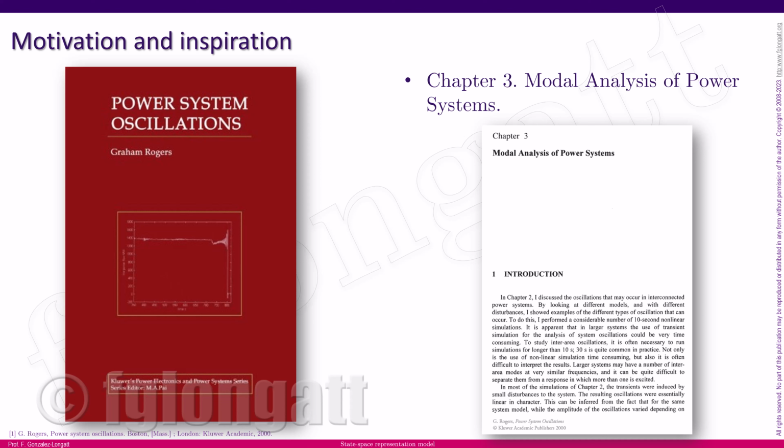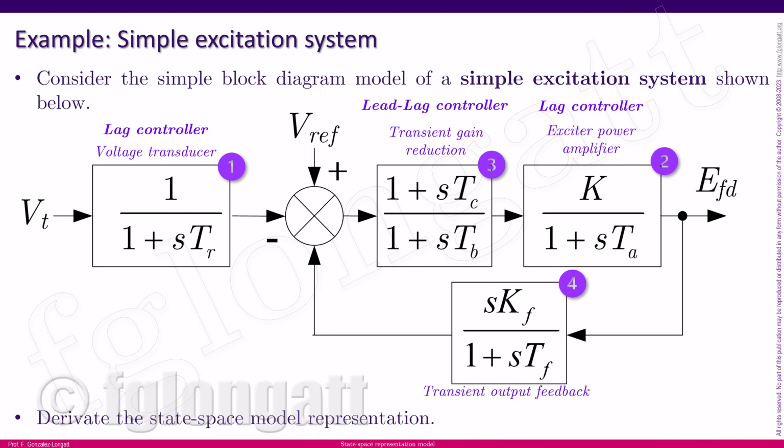Specifically, chapter number 3. Chapter number 3 is quite popular because it's basically the chapter dedicated to modal analysis of power system. And inside that chapter, there is a very simple example. You can go there and see more details. And you can see the very interesting block diagram that we have in front of us.